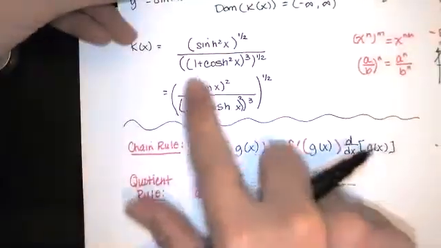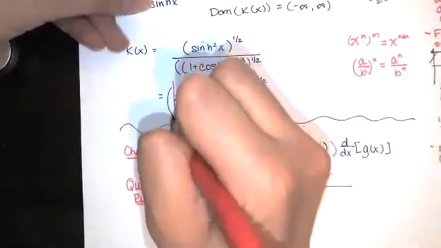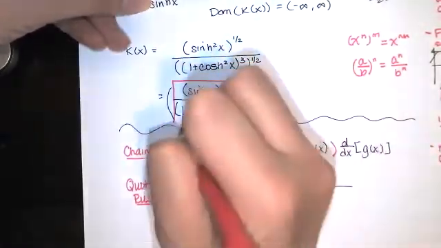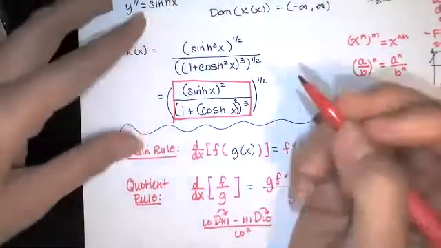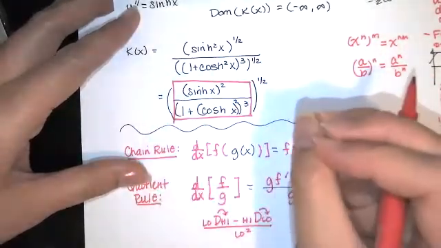So we had a function nested inside of another function. And actually, I should show you again. It's this function right here, and it's raised to the 1/2 power. Now, whenever you're deciding what to do, you want to look at the overall structure of the function first. I see I've got a function to the 1/2 power.